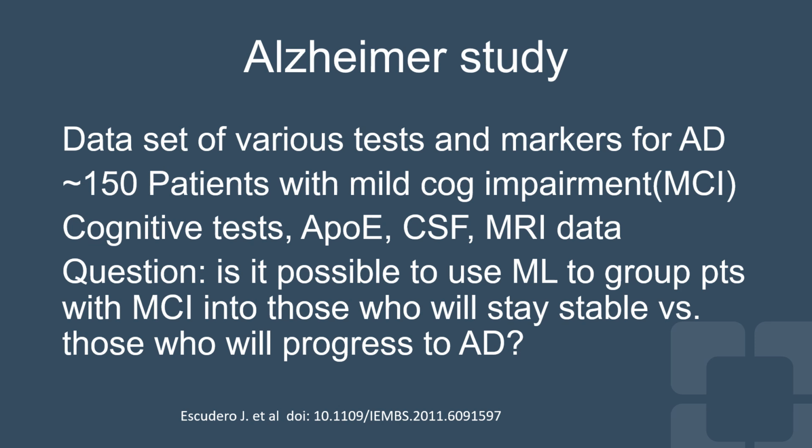The data set was not labeled because at that point in time, it was not known who would progress towards Alzheimer's disease. The question was, could machine learning group or cluster these patients with MCI into groups that would either stay stable or progress to Alzheimer's disease?